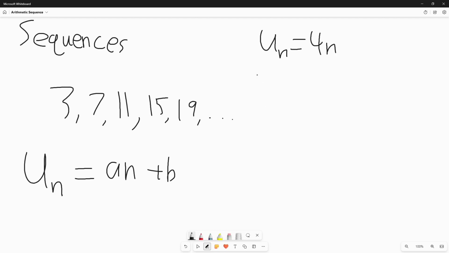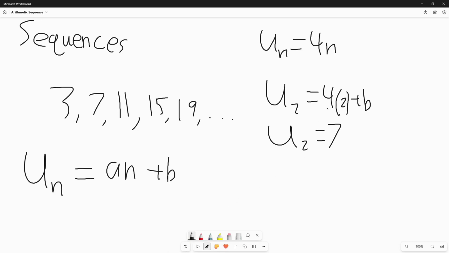What I mean by that is, if we have u of 2 equals 4n plus b, and u of 2 equals 7, we already know that. We already know n is 2 because we replaced the n right here with 2. So let's replace n with 2.